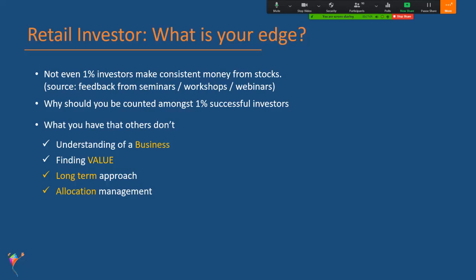Allocation means how much weightage we should provide to a particular stock. That also plays a very crucial role in determining your total returns. Control on emotions: of course, emotions can be controlled to a certain extent only, and only if we understand what we are doing. If you are doing speculation, then it is very difficult to control emotions.